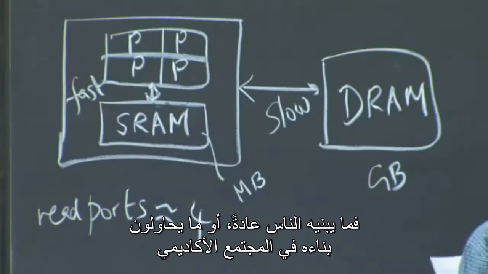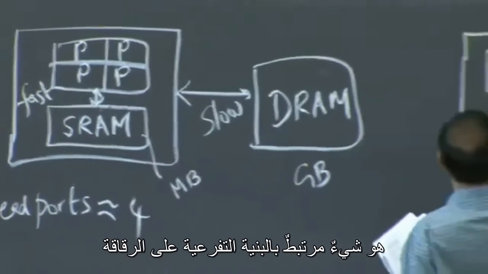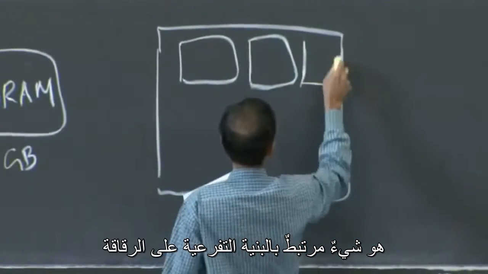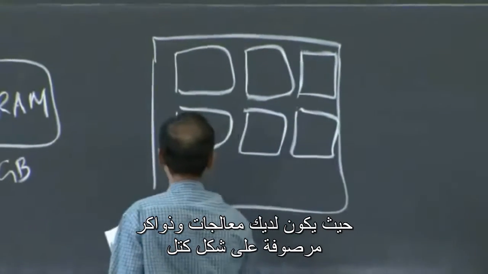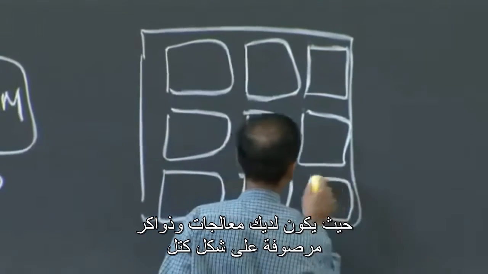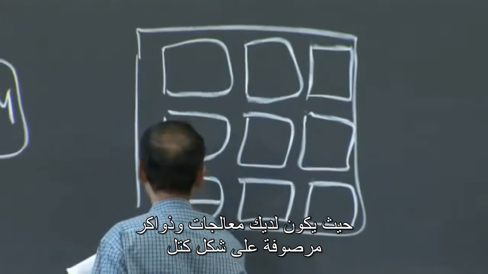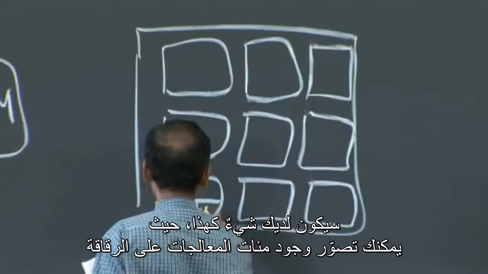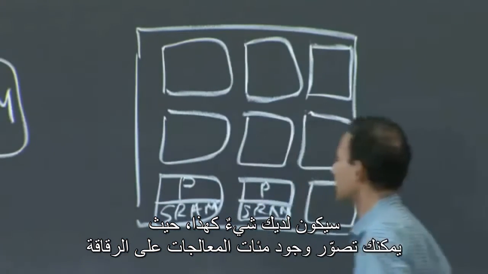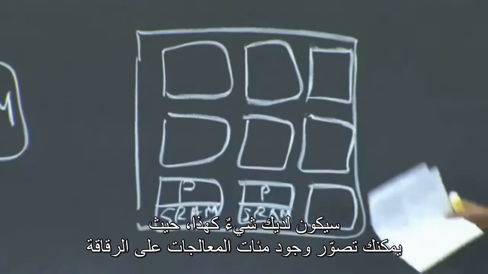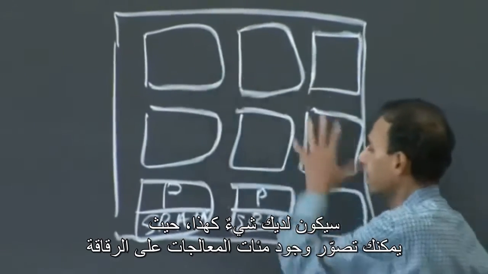So typically, what people build, or people are trying to build in academia, is something that corresponds to a distributed architecture on the chip, where you have processors and memory in tiles. So you have essentially something like this, where you can imagine having literally 100 processors on a chip.